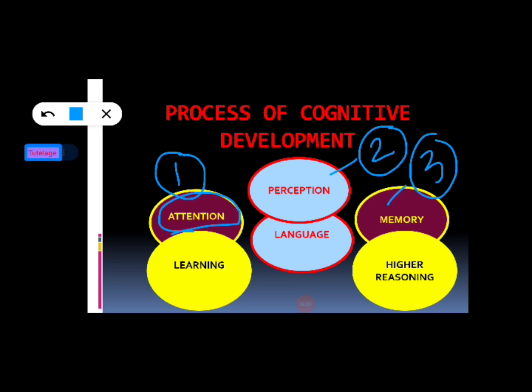Going to the fourth one, that is learning. Learning, number 4, is the process of synthesizing new knowledge. So, learning is the process of synthesizing knowledge.